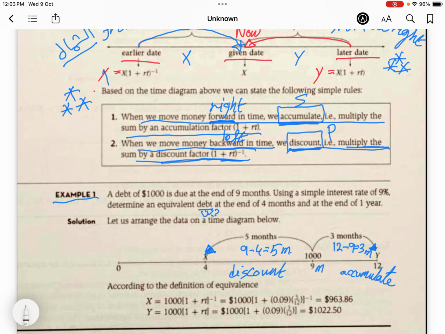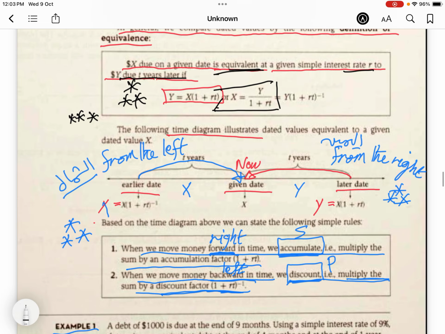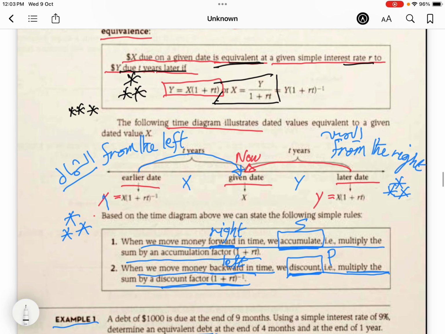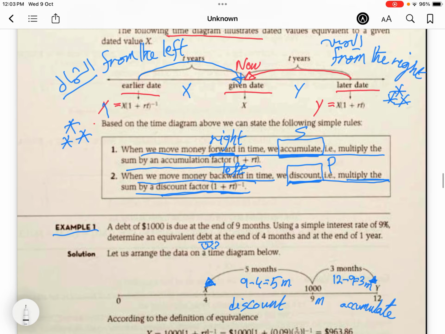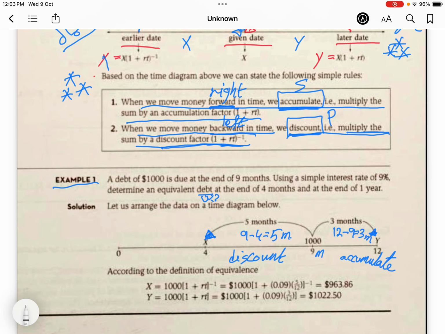At the end of 4 months, according to the definition of the equivalent, x equals 1,000 multiplied by 1 plus RT to the power negative 1.